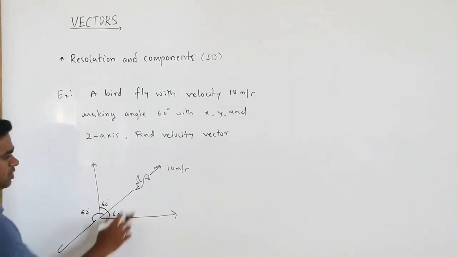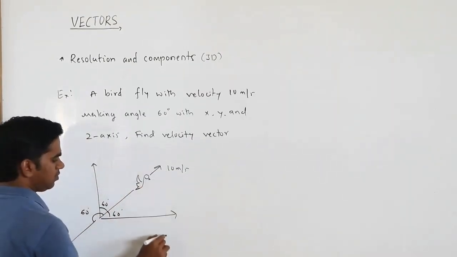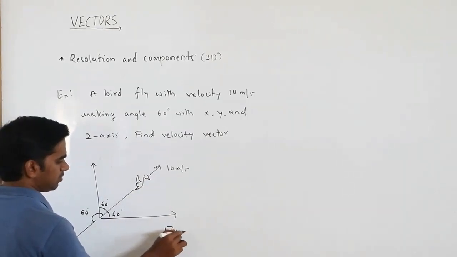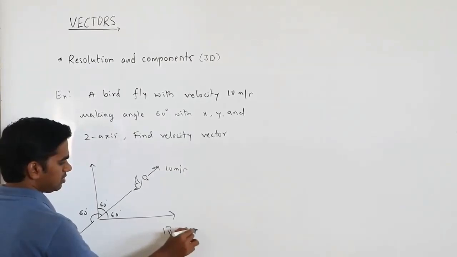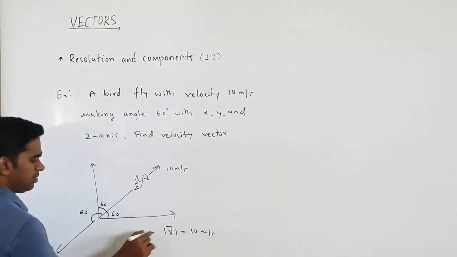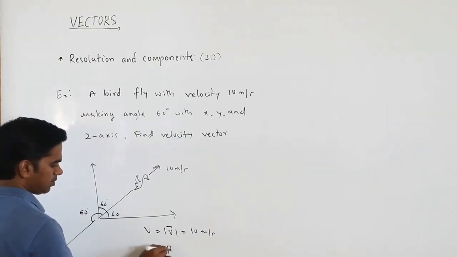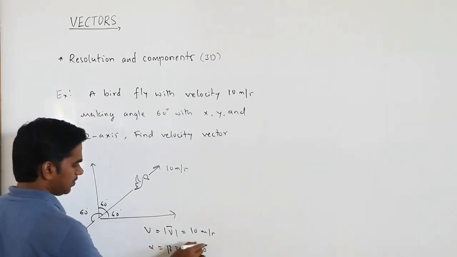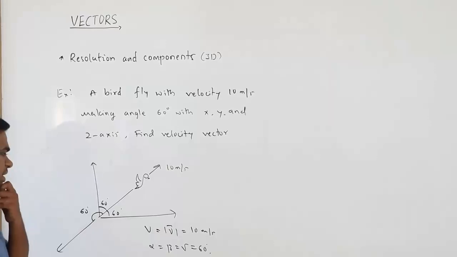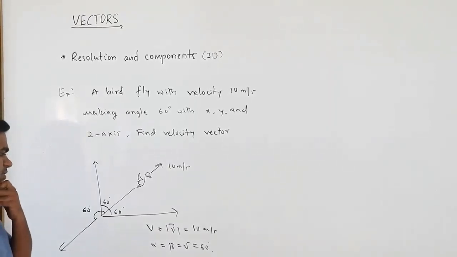So what are the things they have given? They have given the magnitude of vector V, which is 10 meter per second. That means they have given V, and they have given alpha, beta, gamma. Alpha, beta, gamma equal 60 degrees.